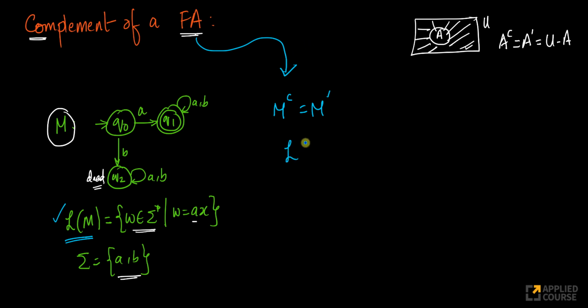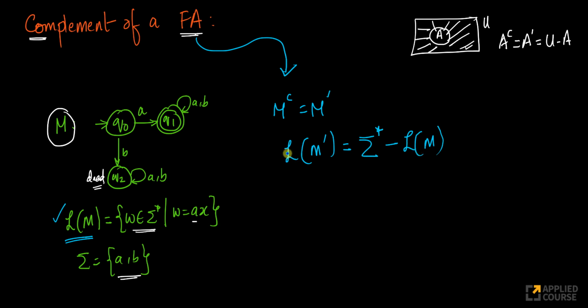So the language accepted by M complement is all the words that are there in sigma star, the Kleene closure of sigma, minus the words that are there in the language accepted by M, to be precise.